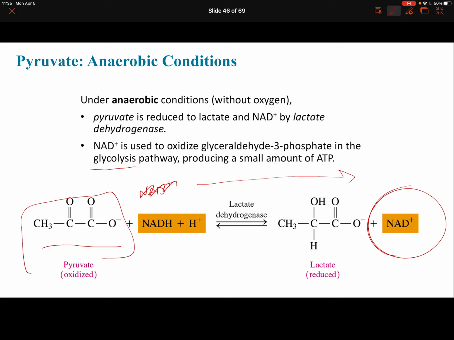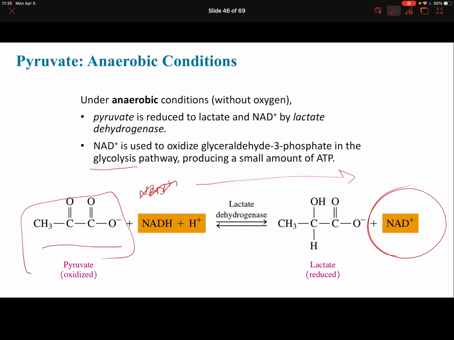So this is what happens in your muscles when you are very active. If you're not breathing well, if you don't have good circulation, you start to be a little bit oxygen deprived in your muscles. So instead of the pyruvate continuing to be converted into acetyl-CoA so it can go and make energy, your muscles make the choice.